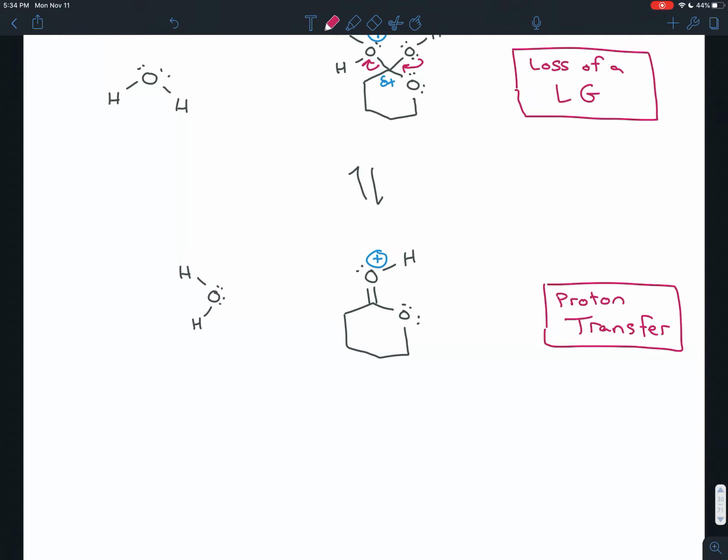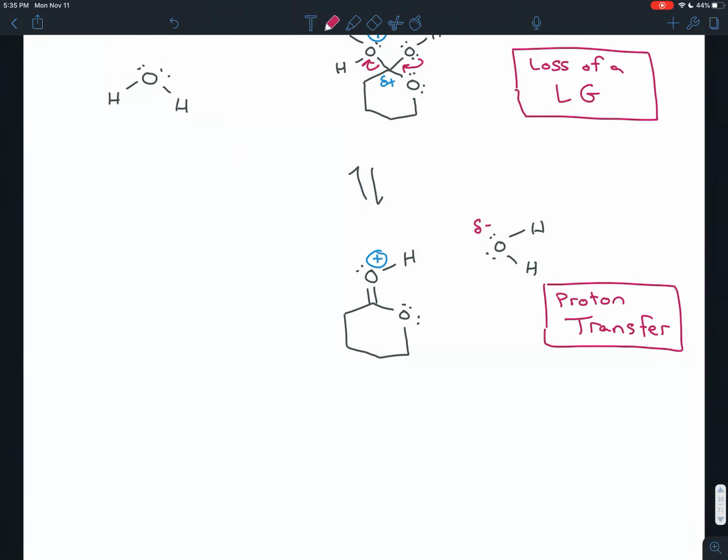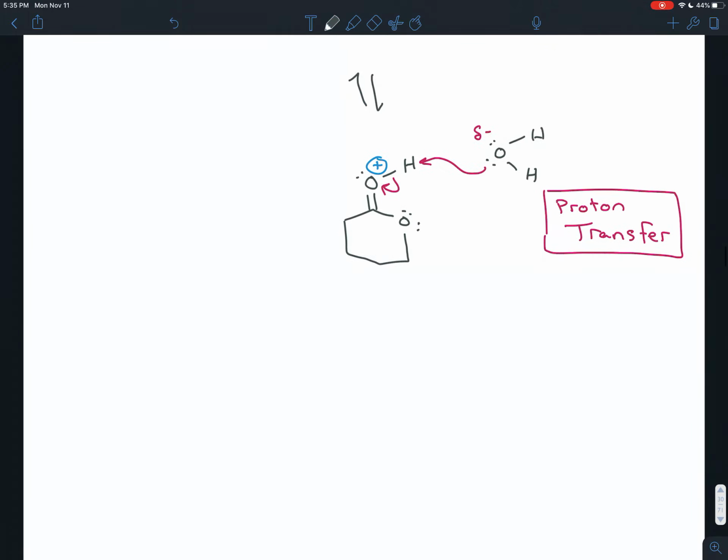And so the water molecule we made, I'm just going to redraw it over here. This water molecule we made that I've redrawn, that can act as a base. The oxygen's slightly negative. It can steal the slightly positive hydrogen here. The electrons would snap back onto the carbonyl oxygen, and we'd end up with our ester.